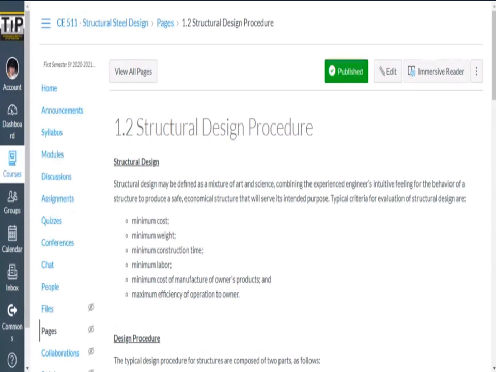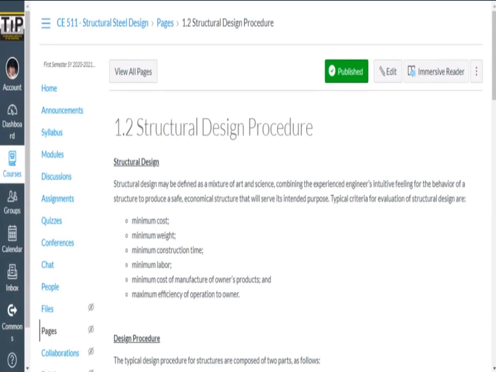So you need to tweak your structure such that it can be done within those constraints. Okay. However, since we are in a structural design, our priority here would be the quality and the safety. That's why the first keyword here is safe rather than economical.